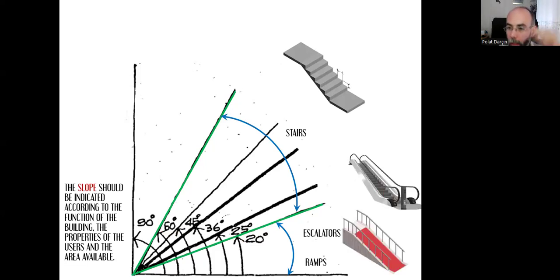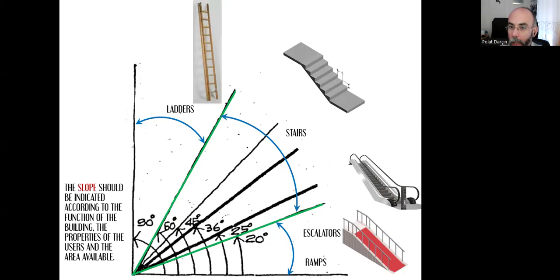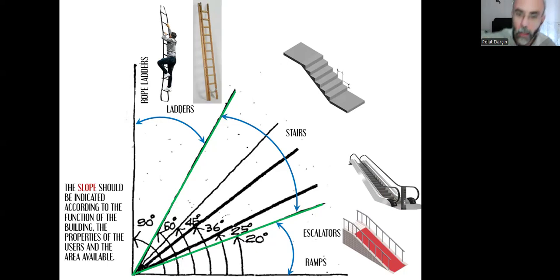And if the angle is more than 60 degrees, between 60 and 90, then it's called ladders or rope ladders. It's the 90-degree version. Obviously, you need to use your hands to climb there. And there's this line of 90 degrees.